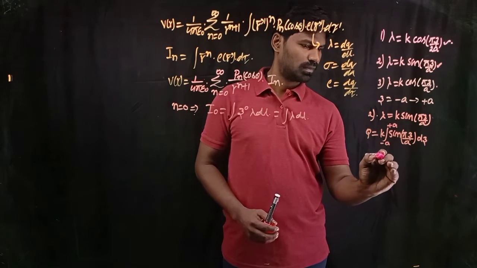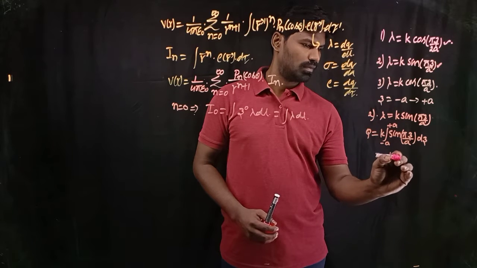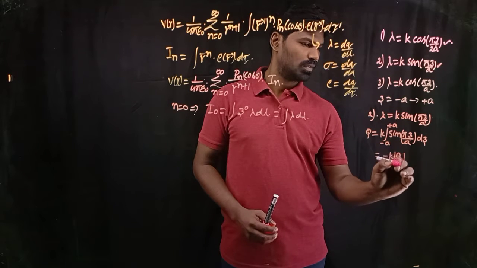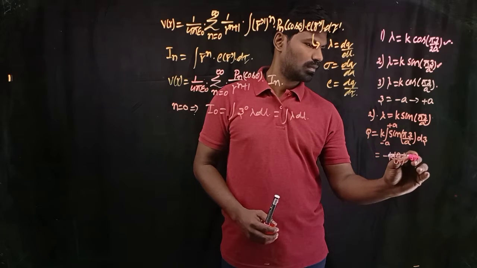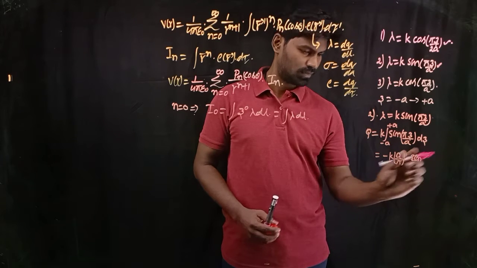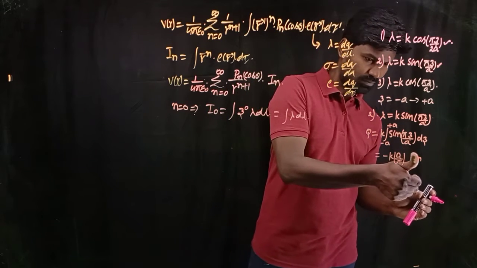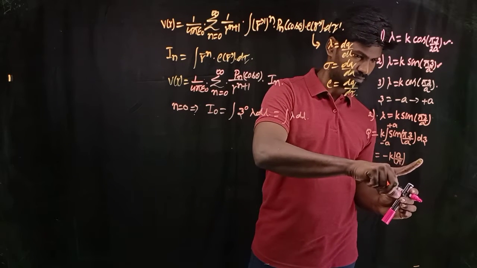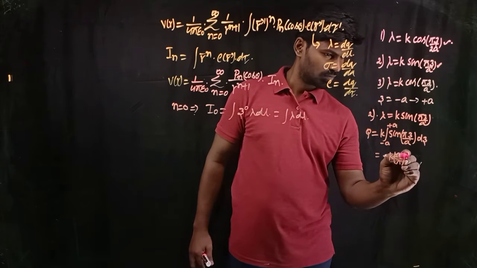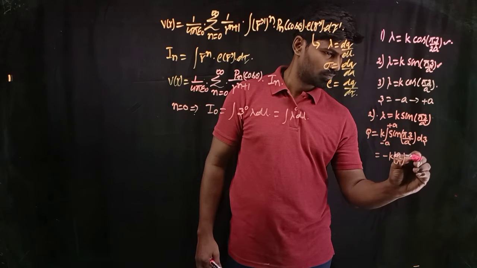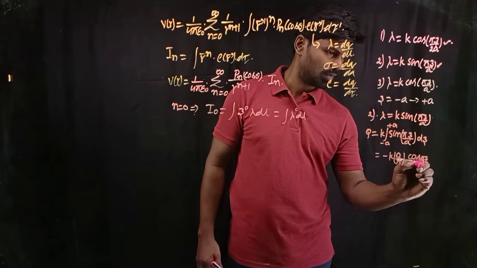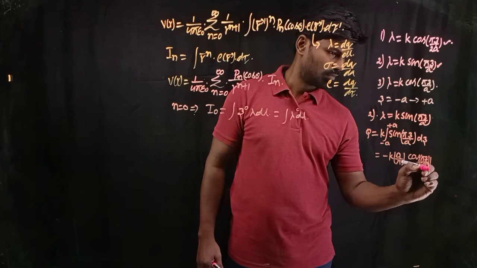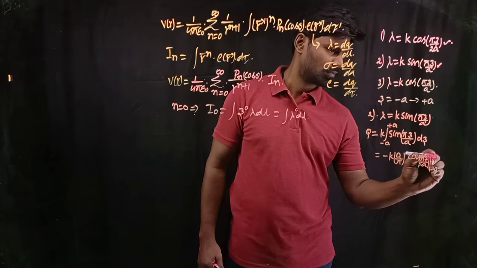That is equal to the integration of sine, which gives minus k a divided by pi into cos pi z divided by a, between the limits minus a to plus a.